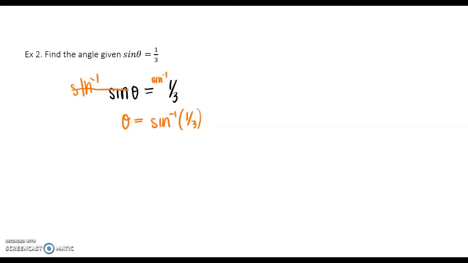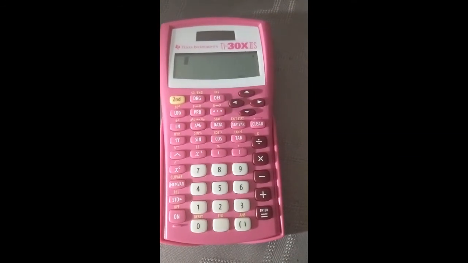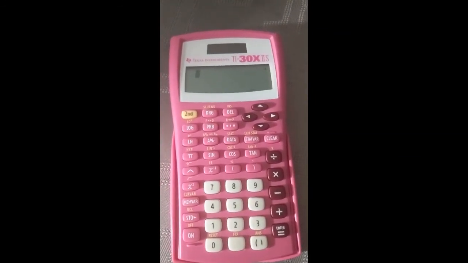We're going to go ahead and plug that into our calculator. So sine inverse of 1/3. And again, make sure your calculator is in degrees. So that's going to be 19.47 degrees.